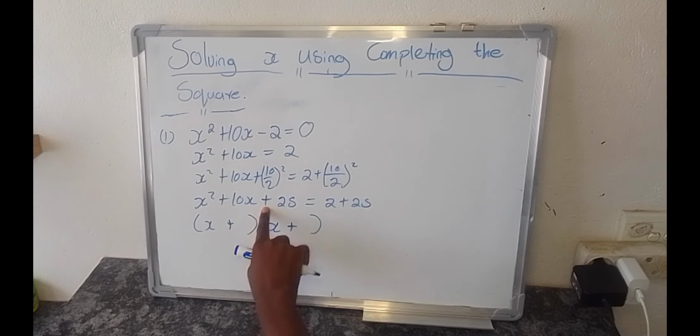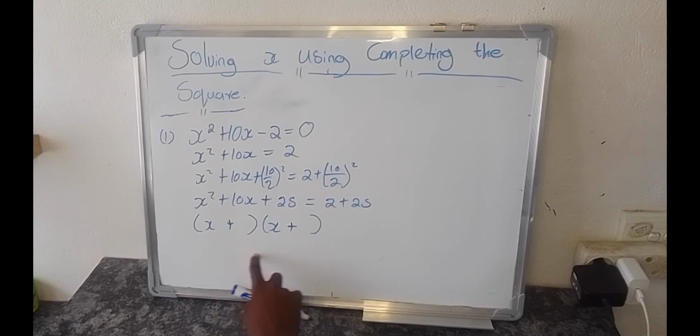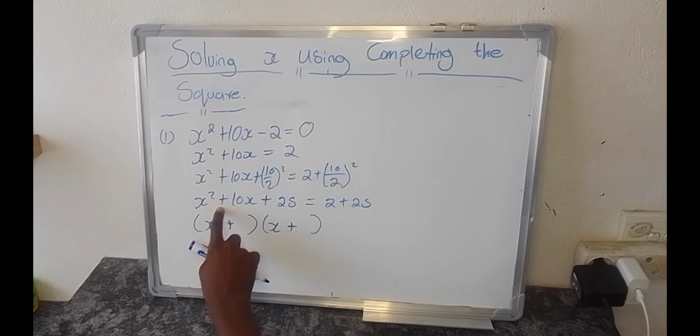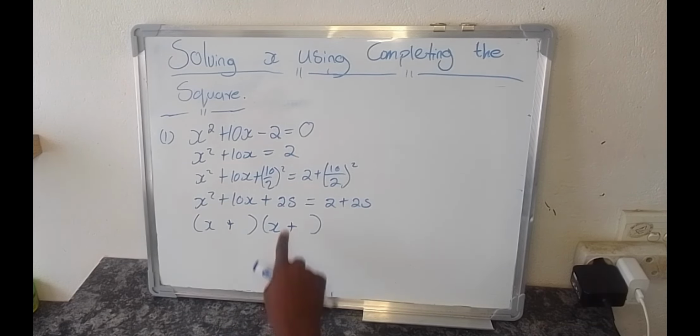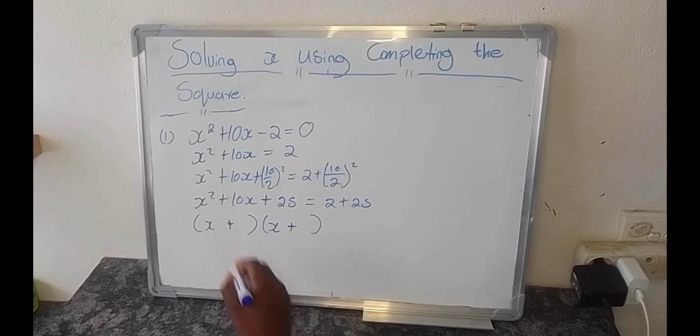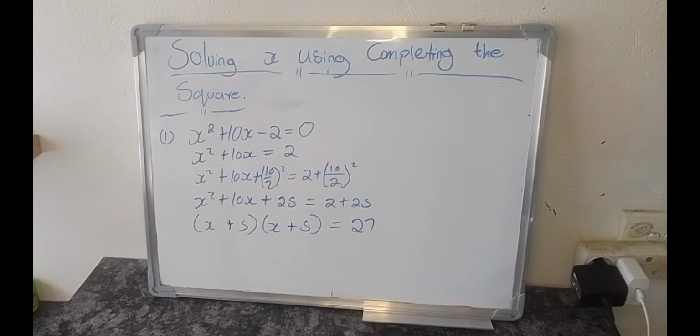This sign states that the sign in this bracket will be the same as the sign in the other bracket, and which side? The positive side. Then from there, what about the factors? The factors are numbers that we can add, and they give us 10. Those factors are 5 and 5. And here we're going to have 2 plus 25 is 27.